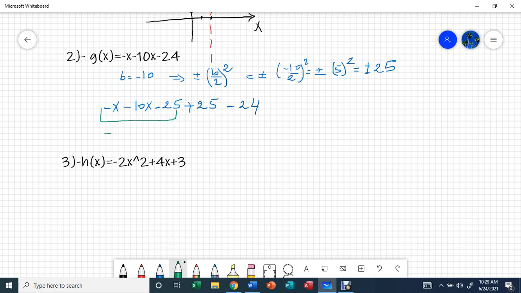So factor out negative 1. I get x squared plus 10x plus 25, sorry, this should be x squared. And combine 25 and negative 24 here, I get positive 1.